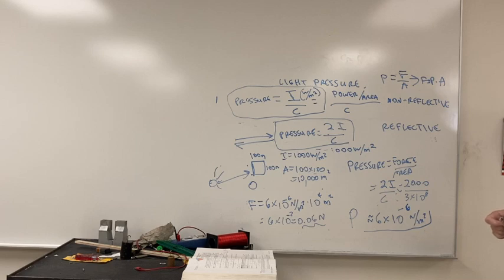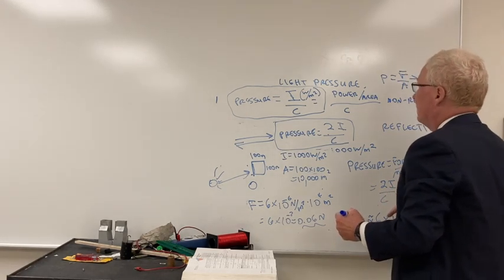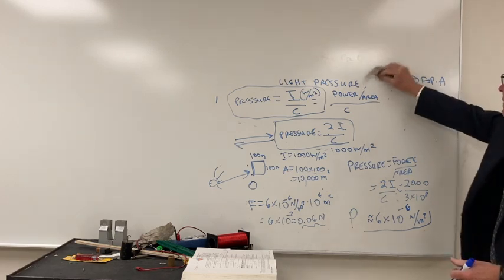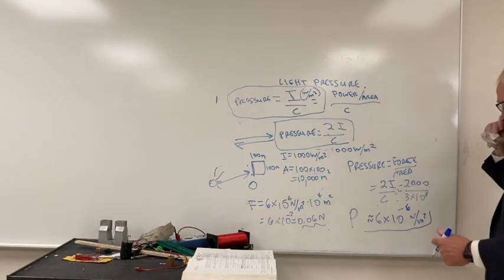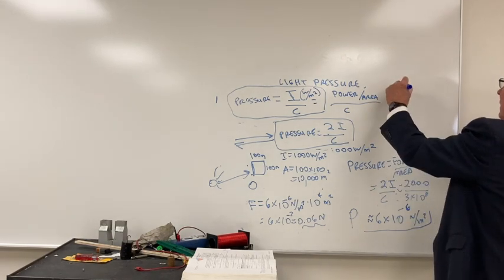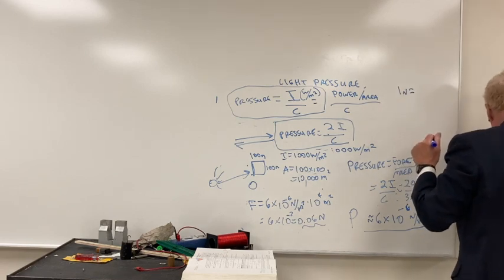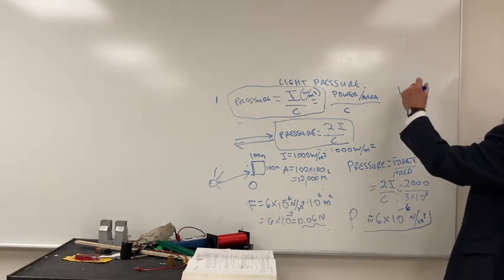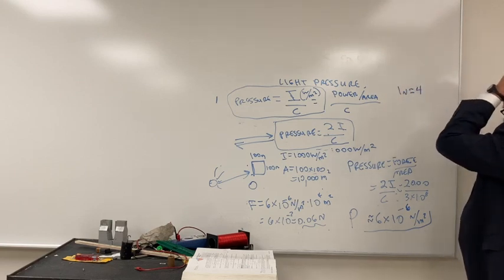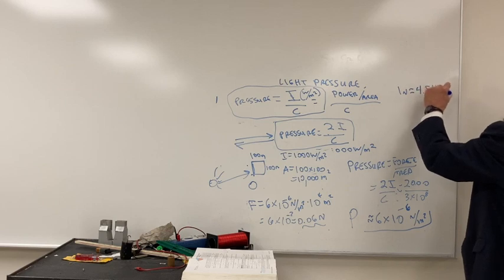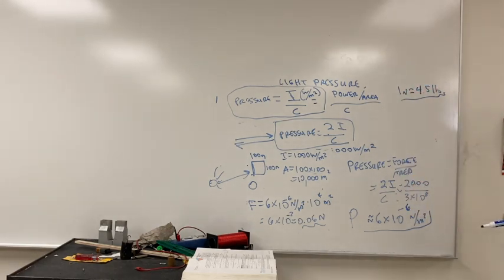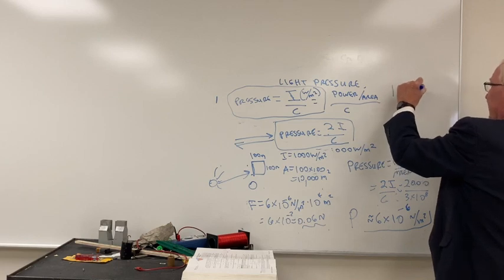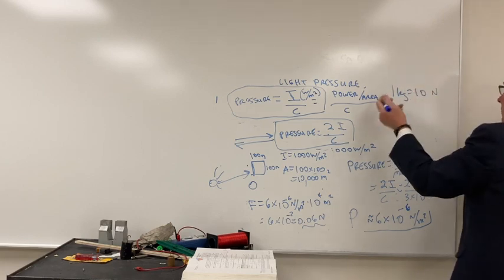To give you an idea of that, let's see here. 1 kilogram is about 10 newtons on the Earth's surface.